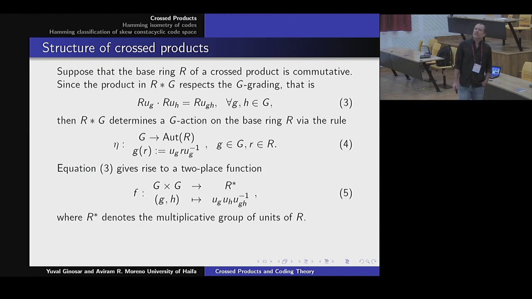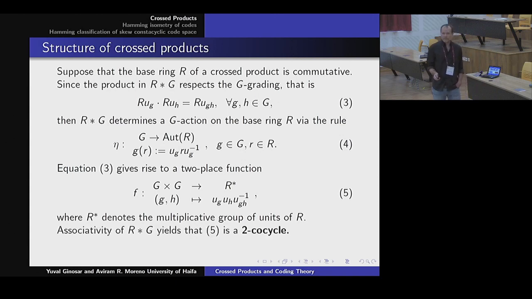The same equation gives rise to a two-place function taking g and h to U_g U_h U_gh inverse. This does depend on the choice of homogeneous elements. And the image lies in R star, the multiplicative group of units of R. Associativity of R star G yields that f is a two cocycle.